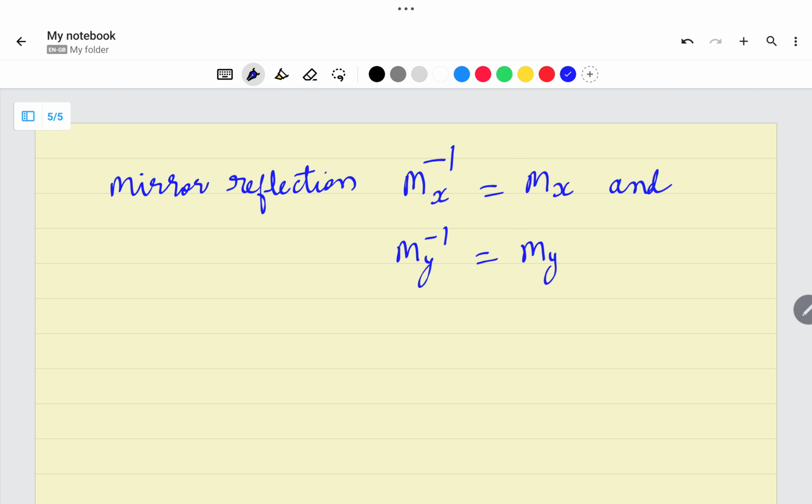We will use these inverse geometric transformations when we consider matrix multiplication or composite transformations.